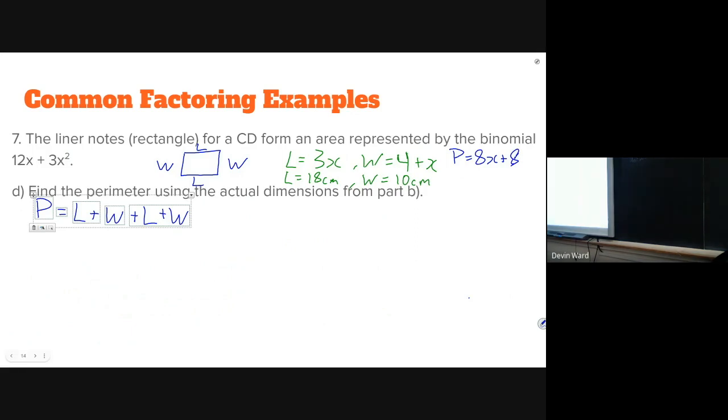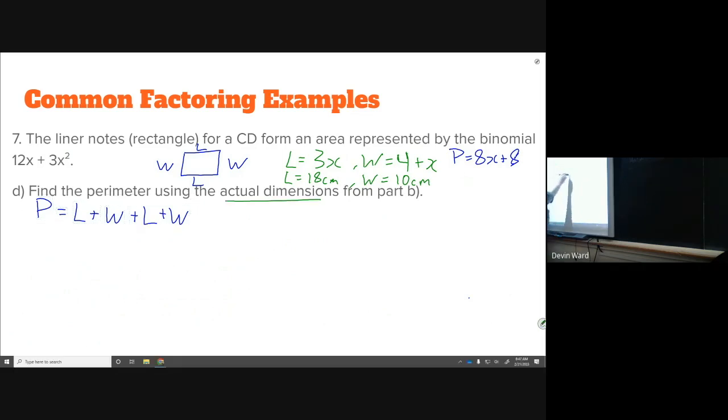So we want to find the perimeter again, but this time we want to use the actual dimensions, the numbers that we actually got. So what we're doing is solving it two different ways. We're going to solve algebraically, and we'll solve when we put in our numbers and make sure that they equal each other, because they should.